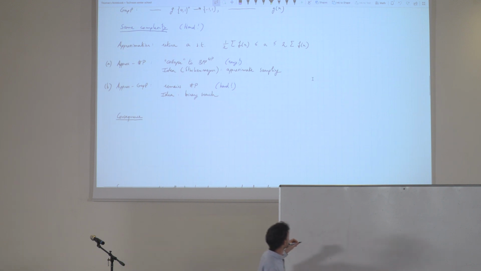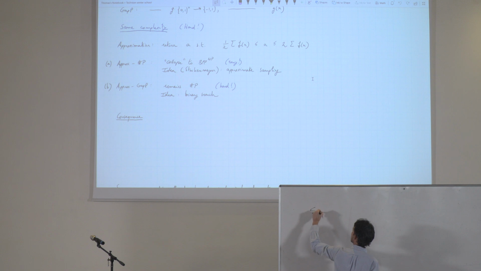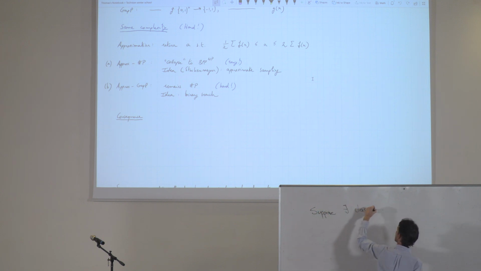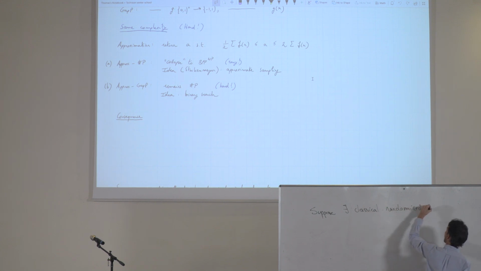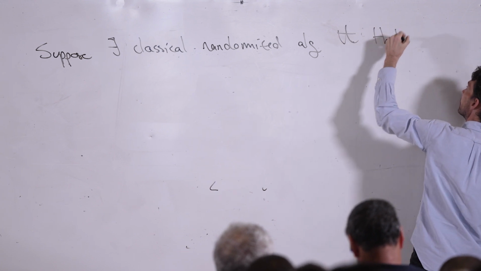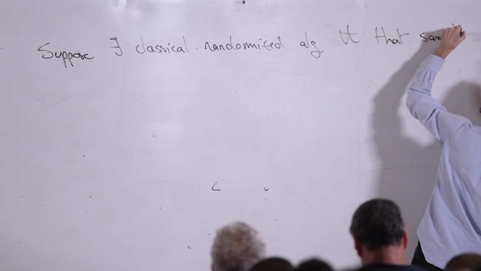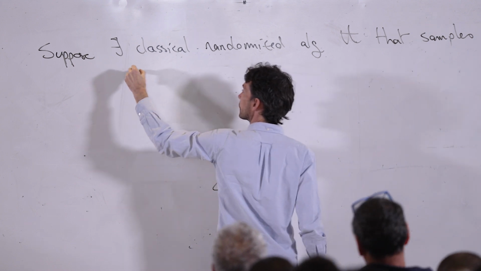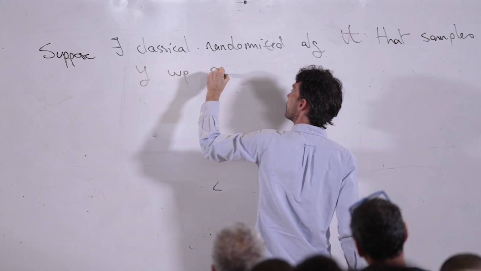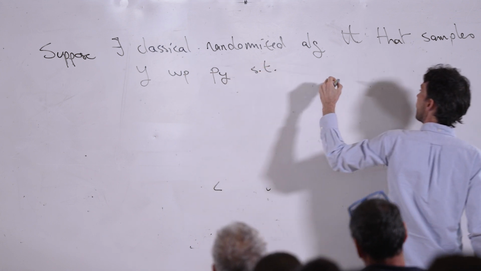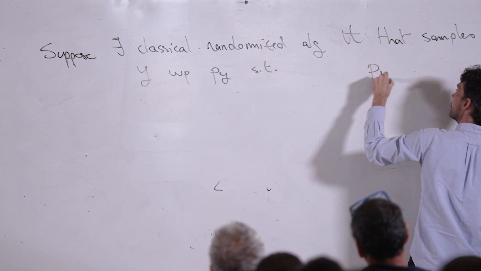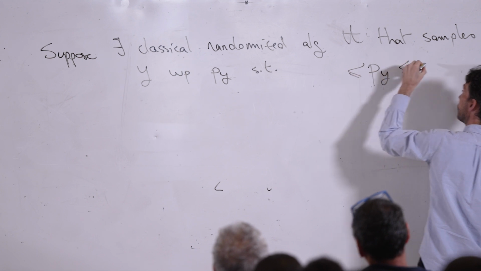The consequence is, suppose that there exists a classical randomized algorithm, let's call it A, that samples some strings y with probability p_y such that p_y is a factor 2 approximation.